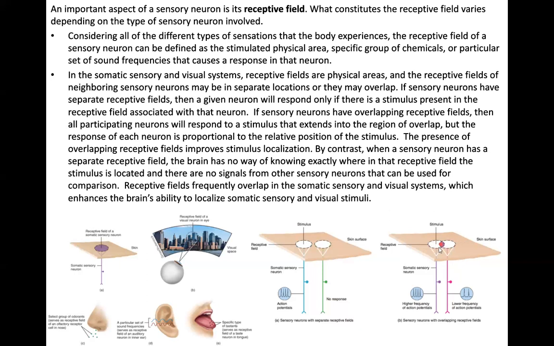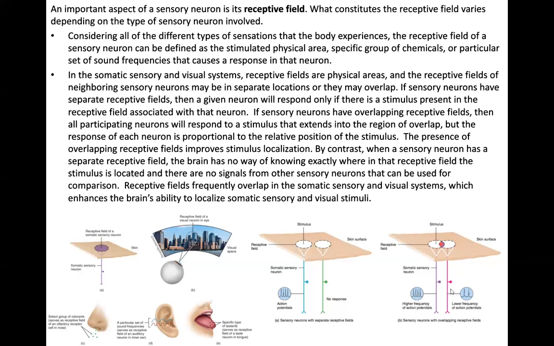But since there's an overlap between the two, there's action potentials in both neurons, but not the same frequency. There's more action potentials in this neuron than there are in this neuron. Does that make sense?